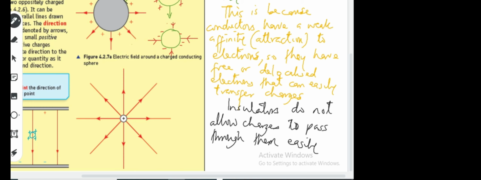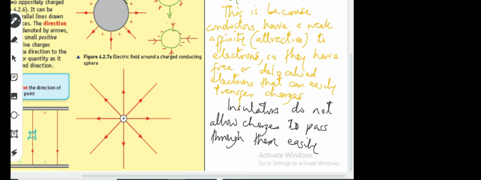Insulators have a strong affinity to electrons. In fact, once they see an electron, they hold on to it. They don't allow it to flow through. So production and keeping of static electricity is through insulators, because with conductors, the electrons can flow out and be lost.